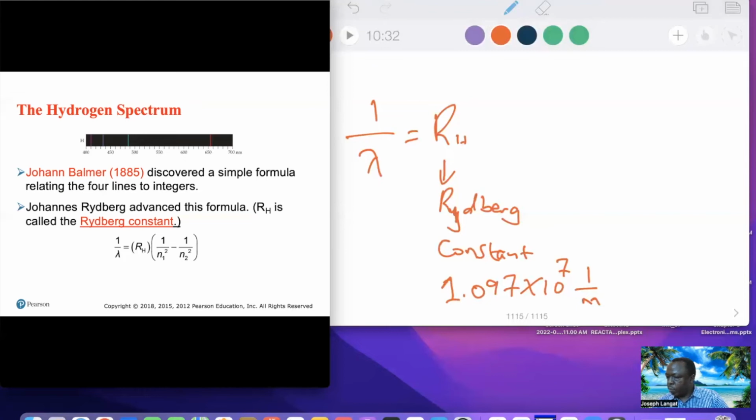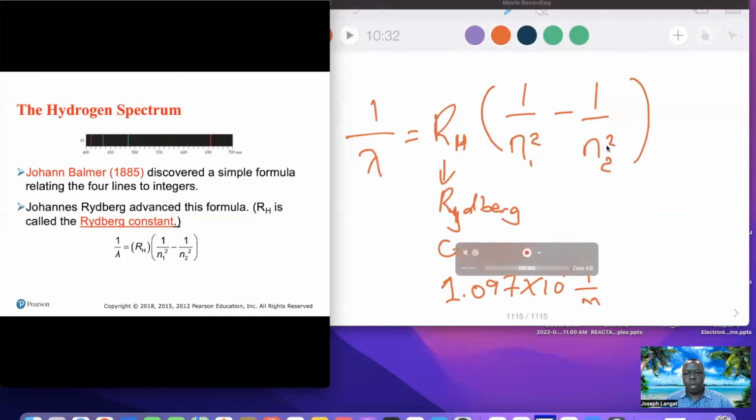Now, 1 over n1 square minus 1 over n2 square. Let's deconstruct this equation and understand what these letters stand for.